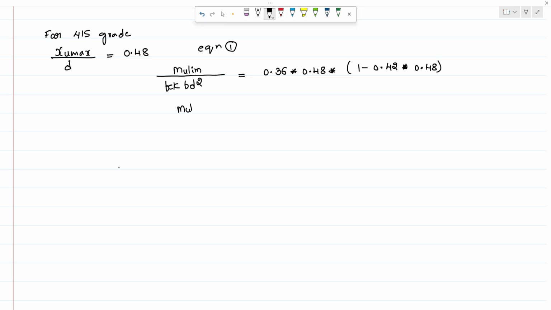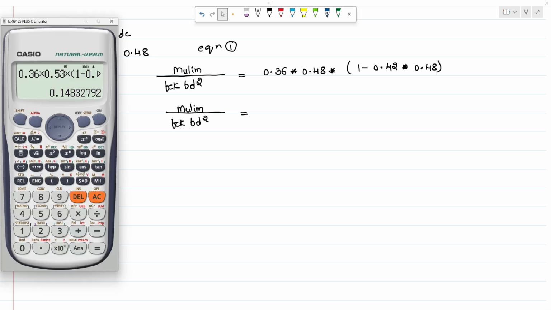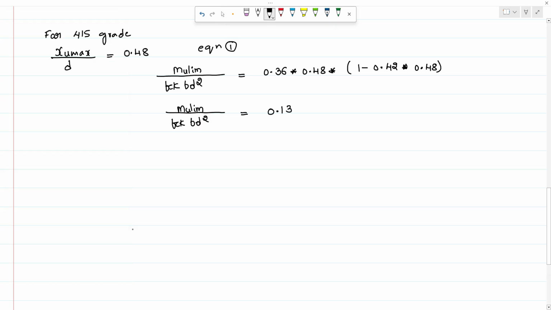So Mu limit divided by fck bd square equals, let me solve this. In the same equation 0.53 is replaced by 0.48. So it will be 0.1379, which can be taken as 0.138.